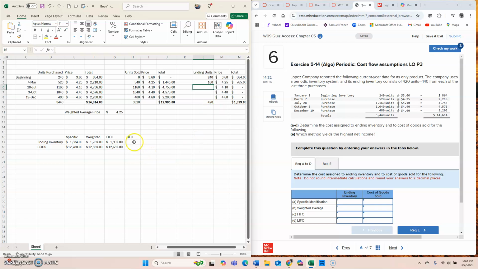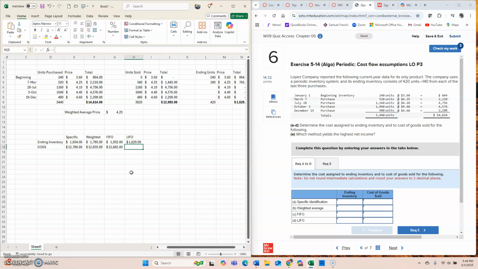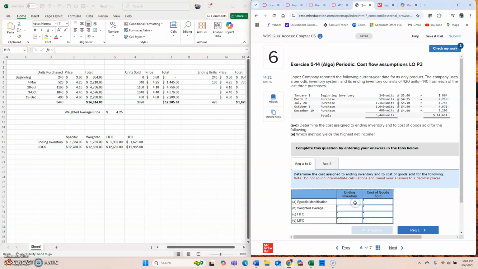So that means that our last in, first out, our ending inventory is $1,629, and our cost of goods sold is $12,985. So if we plug these numbers in over on our, sorry, bear with me, I should have had this done before I started. 1785.